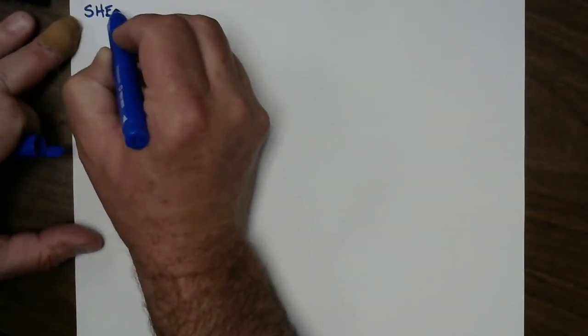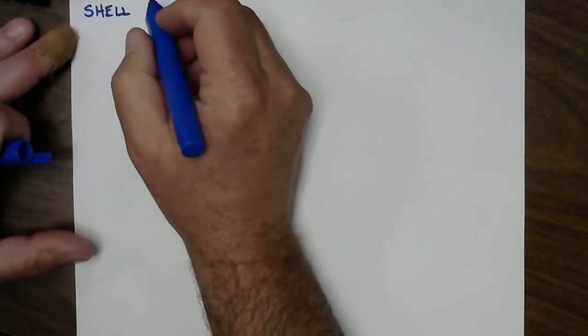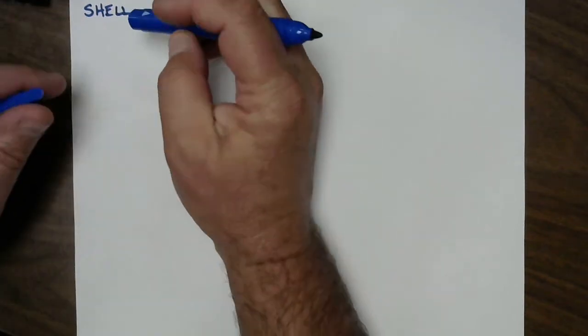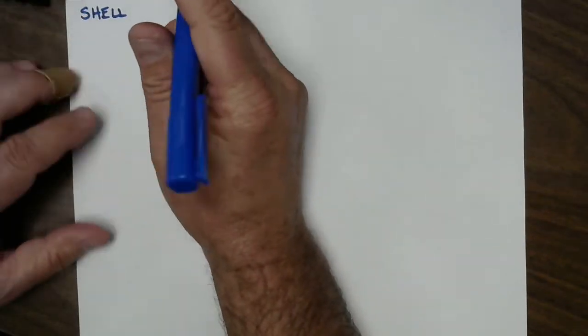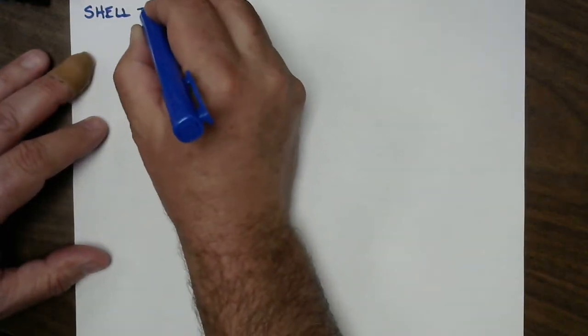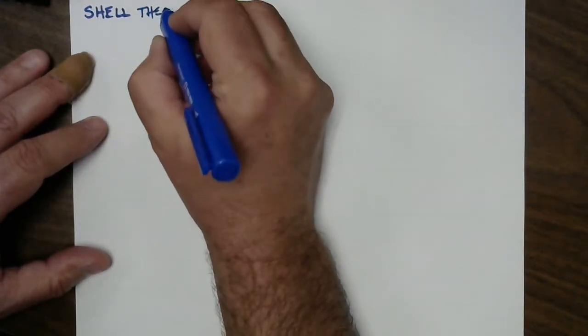And part of the delay in publishing Newton's Principia, which included his theory of gravitation, was in proving something in calculus called the shell theorem.